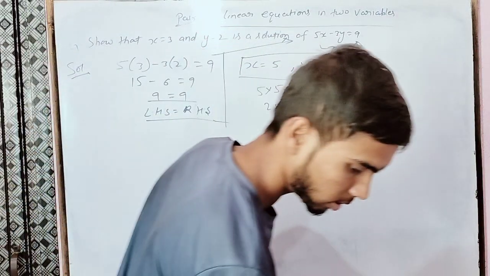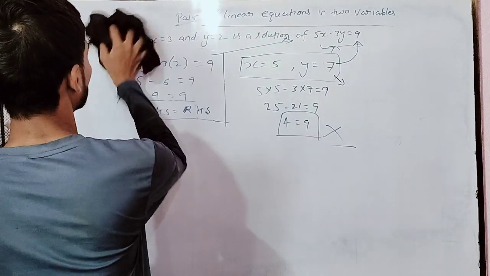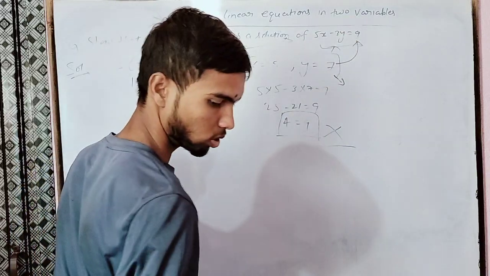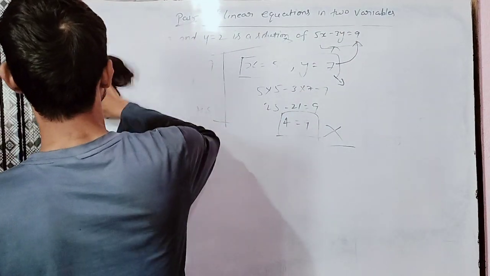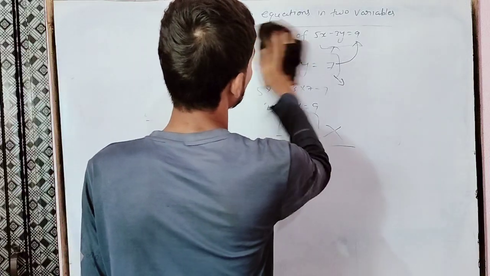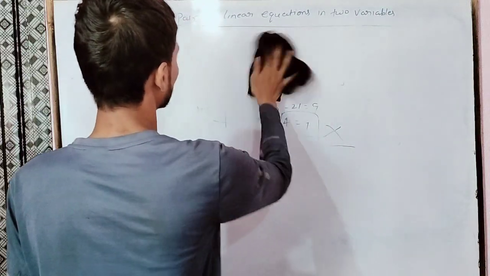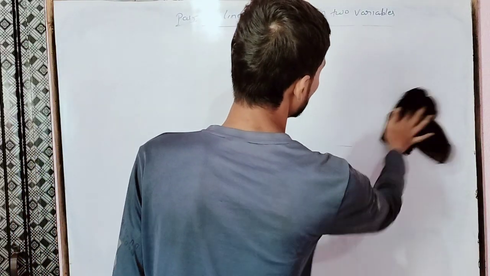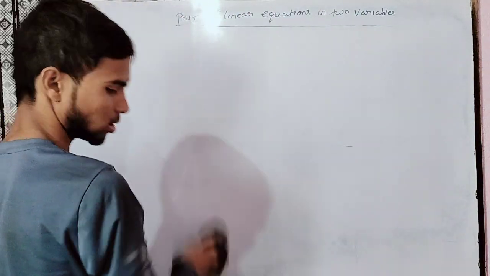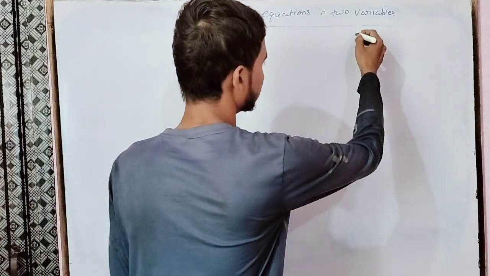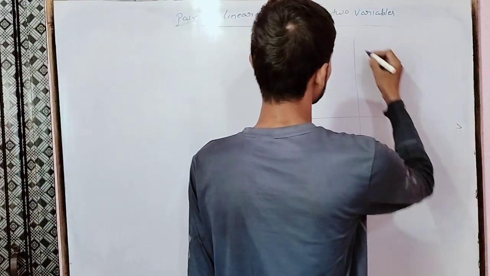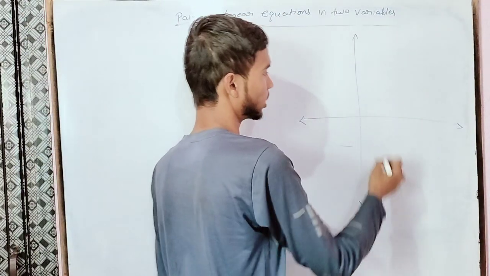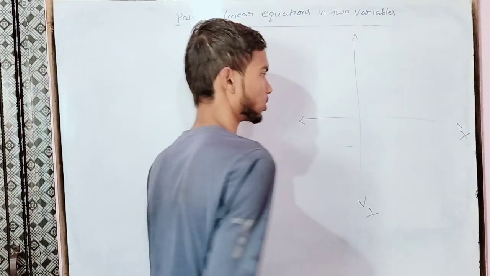Now, let's see graphically. As we know, y is vertical and x is horizontal.